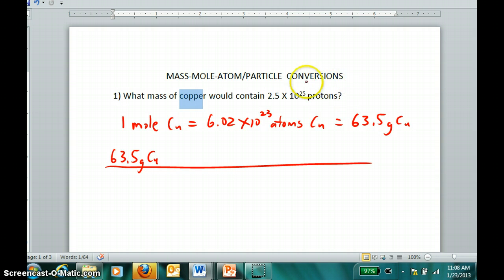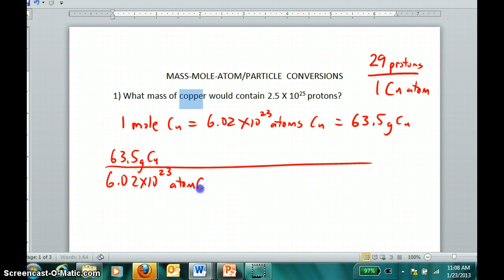And because I'm given protons, I'm looking ahead to the fact that I know a relationship between protons and copper. The periodic table tells me there are 29 protons per 1 atom of copper. So if I want a mass of copper and I associate it with a number of atoms of copper, I'll be able to get my answer.